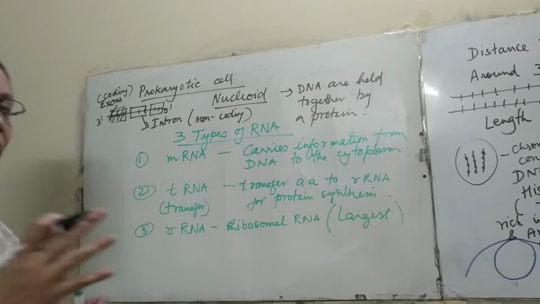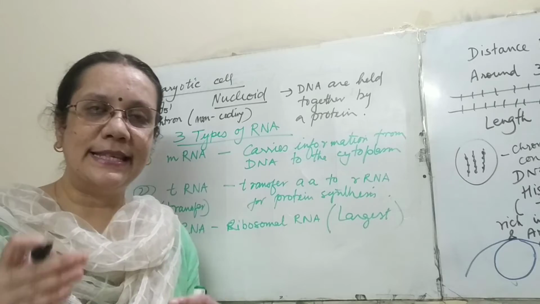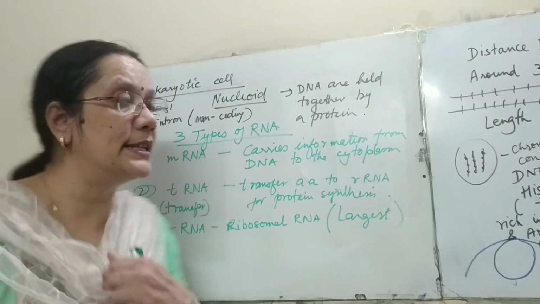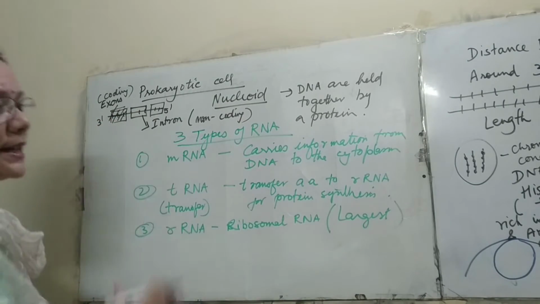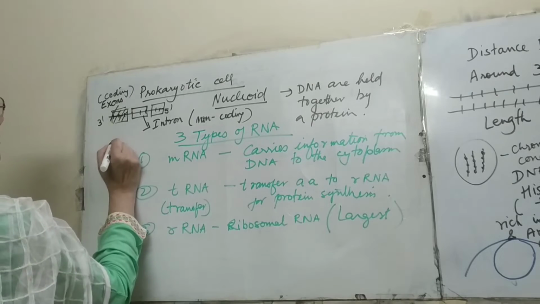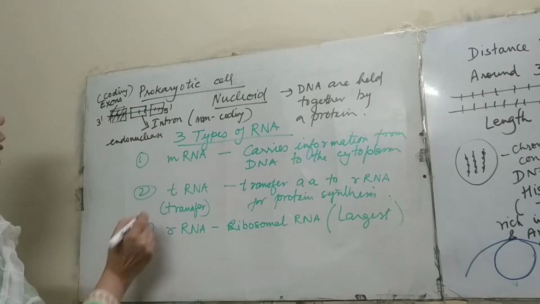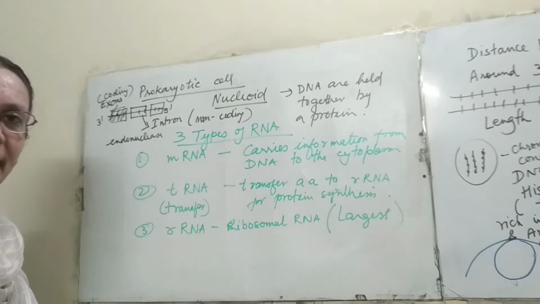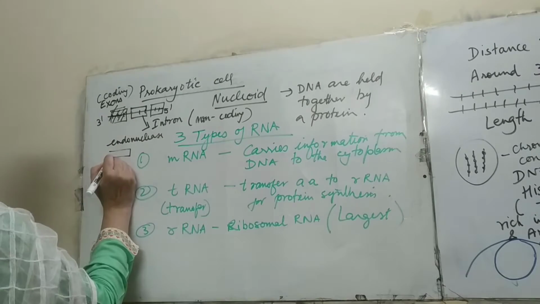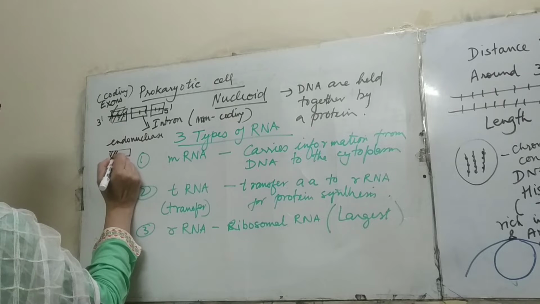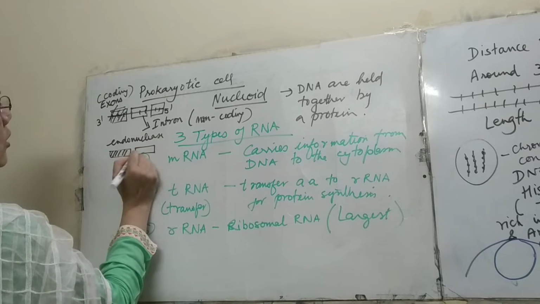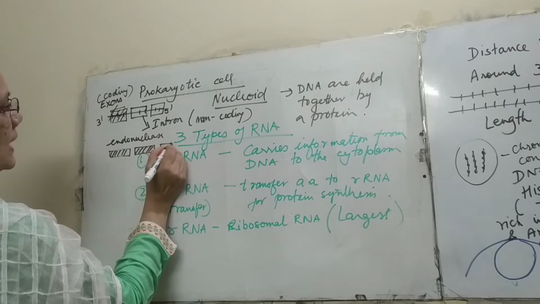Now what happens, with the help of certain enzymes like endonucleases, these parts are cut. With the help of endonuclease, the coding and the non-coding are separated. So the coding part is kept and the non-coding part is discarded.